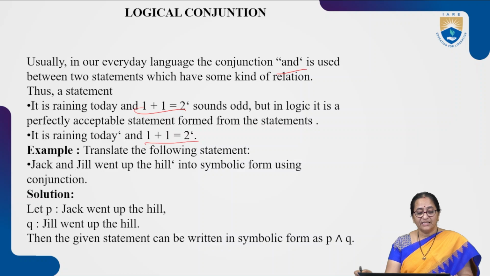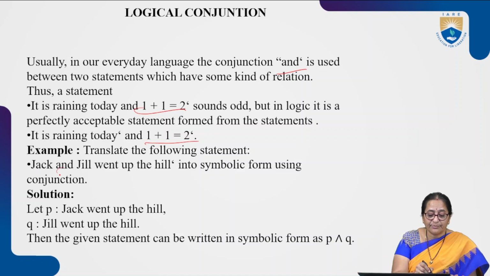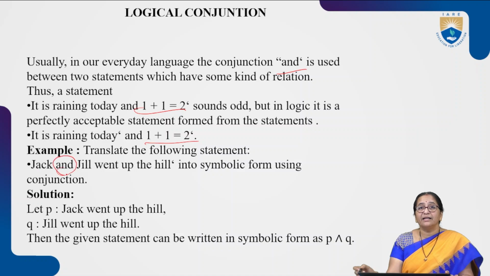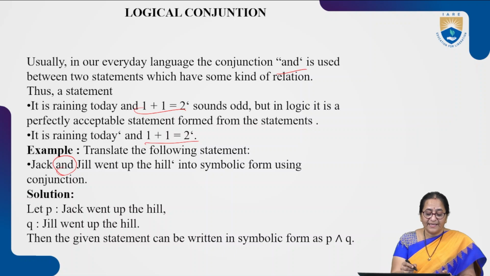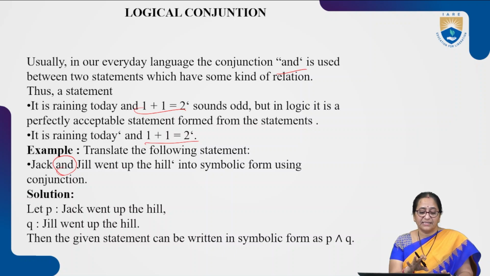Next example is: translate "Jock and Jill went up the hill" into symbolic form using the conjunction. This is the statement they have given. Here we have the AND operation. We need to translate it into symbolic form. Here we have two sentences.